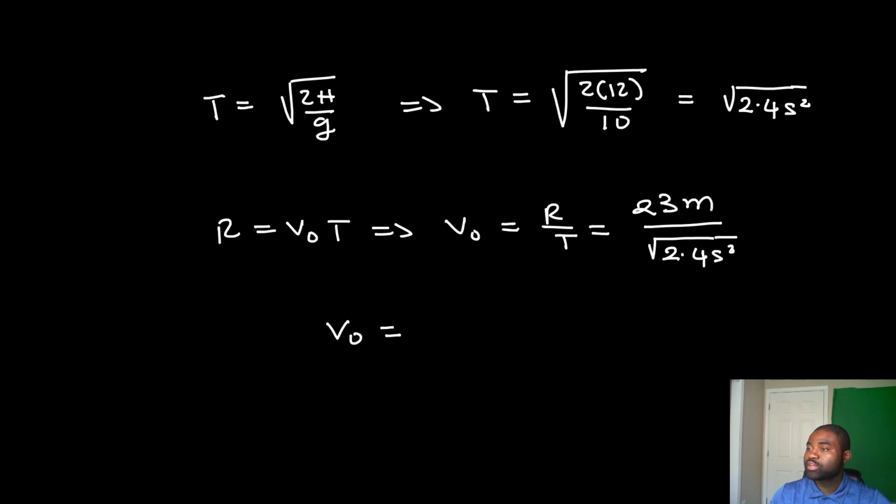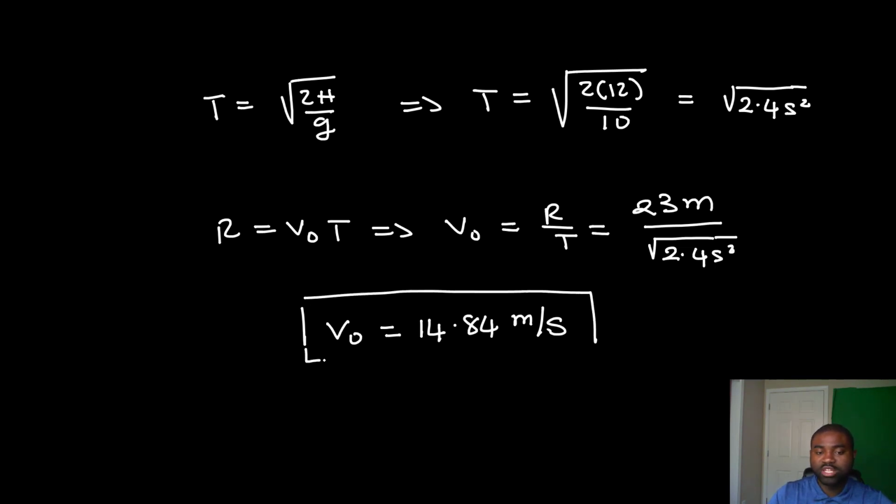That's 1.55. So 23 divided by 1.55 will give us 14.84 meters per second. This is the initial velocity of the particle. Now to count, this is the initial speed.